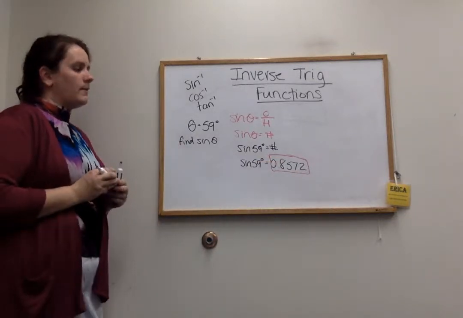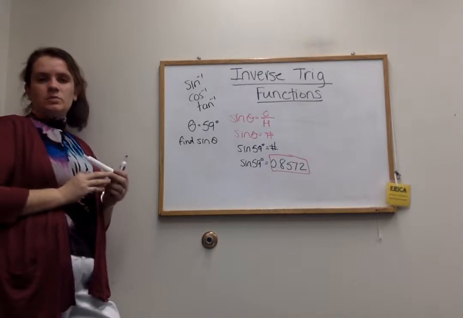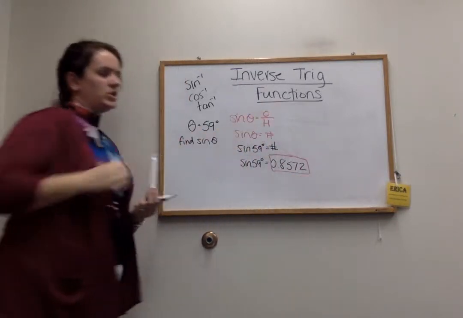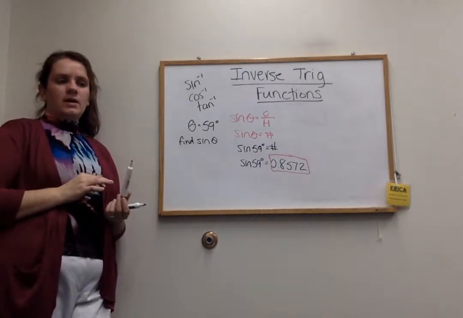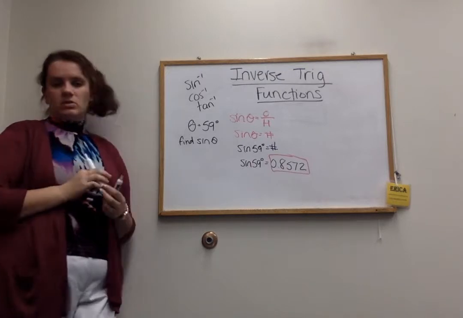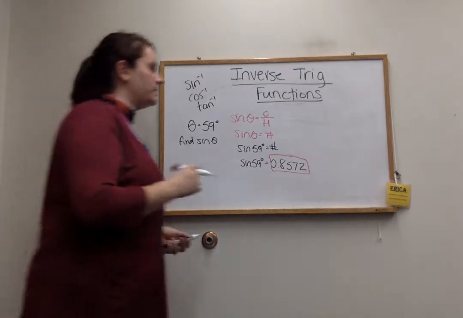Okay, but we've also seen some examples where you're given this number or you're given the ratio and you're asked to find out what angle that is related to or what angle that number came from.